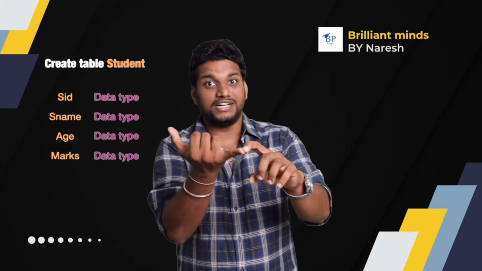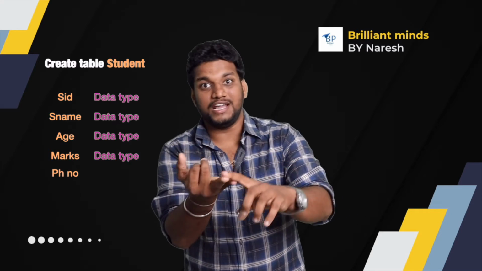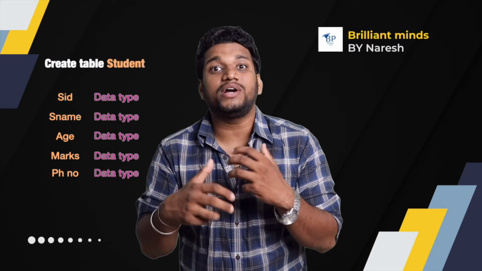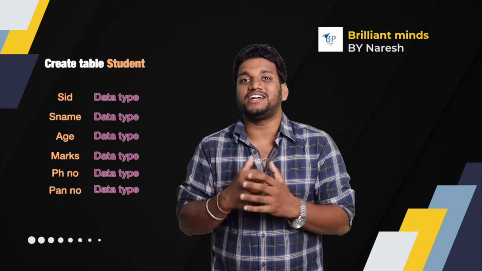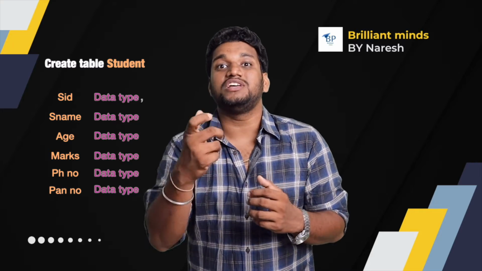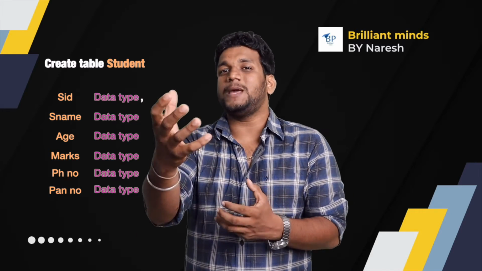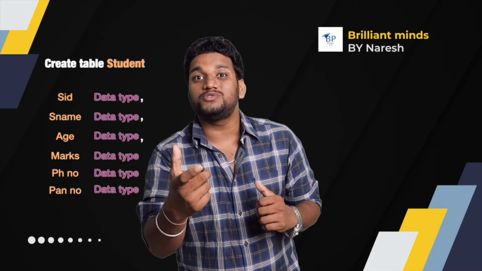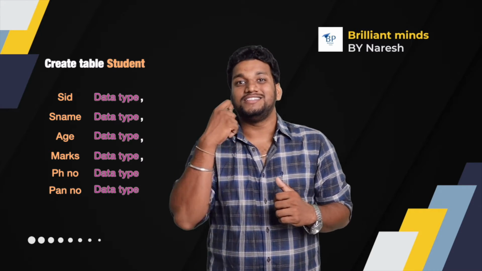Student ID is one column name, student name is one column name. For all these column names, I have to allocate data types. After allocating these data types, I have to separate them by using commas, keep all these columns in closed parentheses, and close with a semicolon. This is how we will construct the student table.